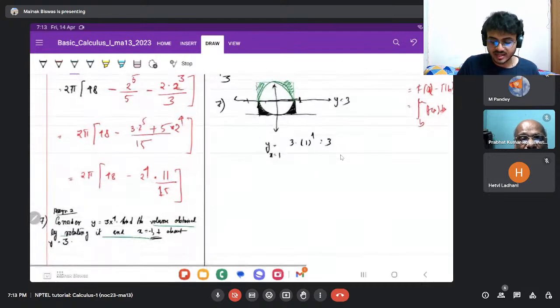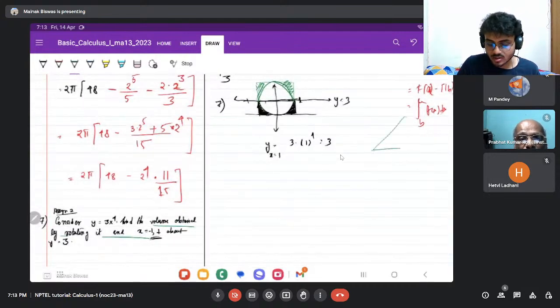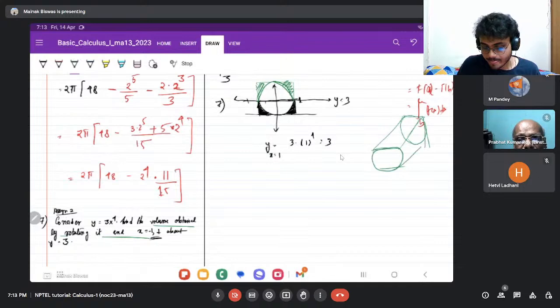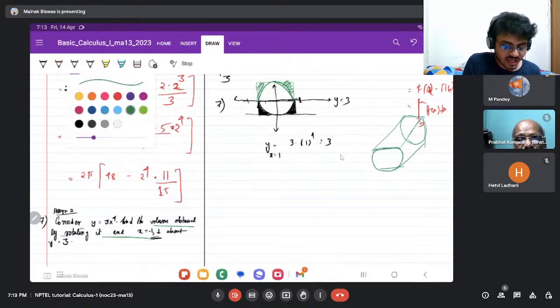And if you visualize it, how does it look? I'm trying to be as artistic as possible on a tab. It will be a cylinder, because you're rotating. And you will have a sort of an egg inside it.